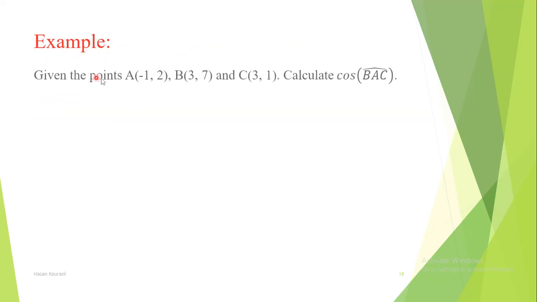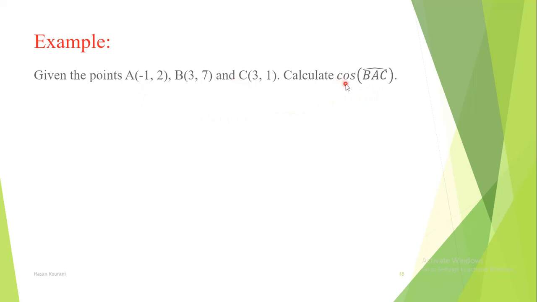Okay, let's see a direct example. We are given the 3 points A, B, C, and we are asked to calculate cosine BAC, which is the geometric angle BAC. Now, let me tell you that there is no need to plot these points in an orthonormal system. You must think about choosing the suitable vectors in this case.